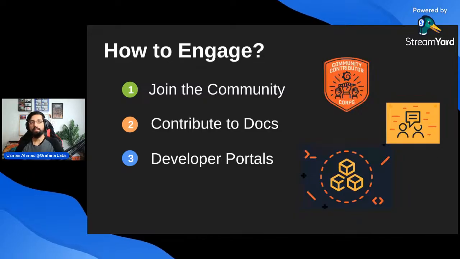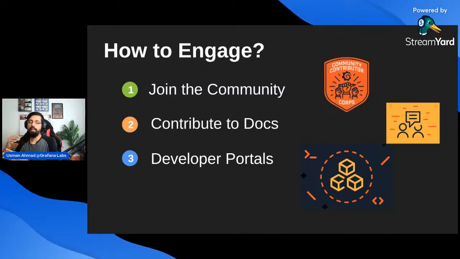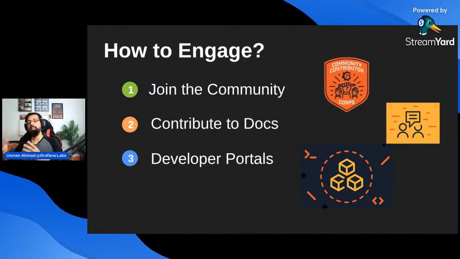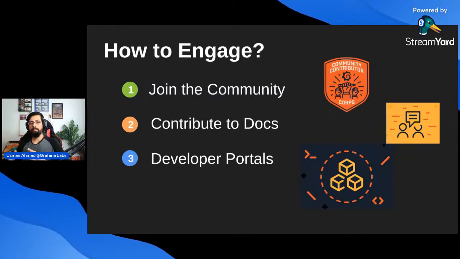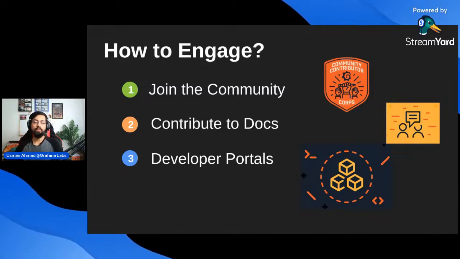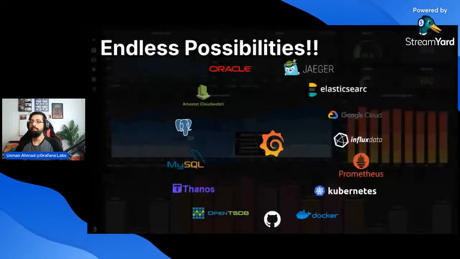We have developer portals too. If you're using an application and want a customized plugin, which is very easy to build, but you need guidance, we have developer portals for that, and you can create your custom plugin or a community plugin, which is pretty amazing.